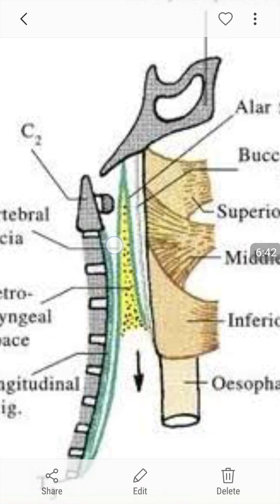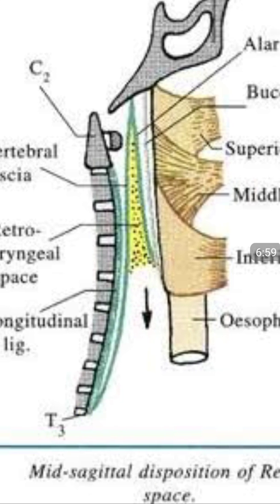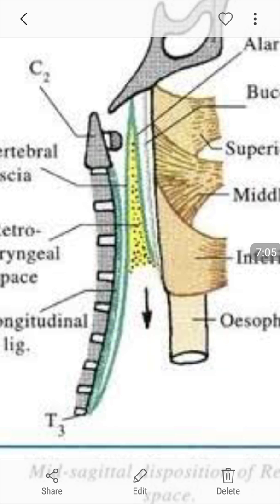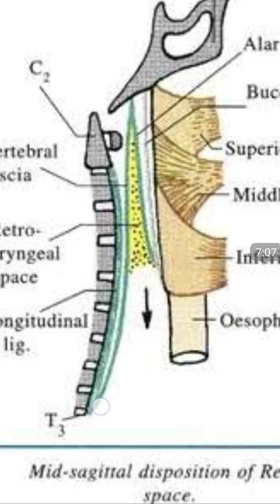So here again you see the anterior longitudinal ligament. These are vertebrae and this is the anterior longitudinal ligament. And here you see the prevertebral layer of the deep fascia. It will merge itself to the anterior longitudinal ligament at the T3 vertebra at this point. So any infection occurring between these two layers would limit itself as far as T3.